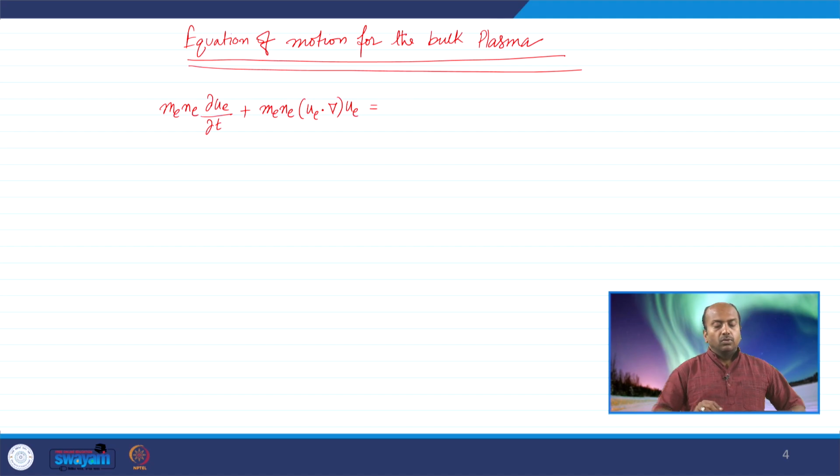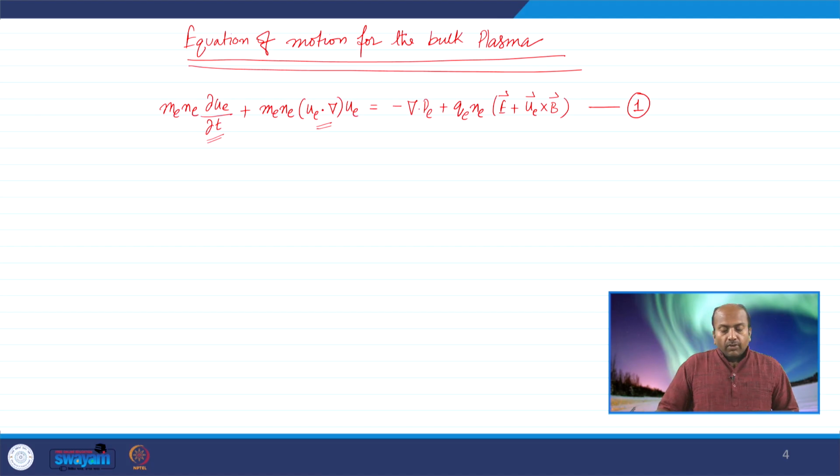It would have been easy to identify the total derivative, which is appearing as a sum of this and this, the partial derivative plus the advection term. Nonetheless, let us call this equation number 1.